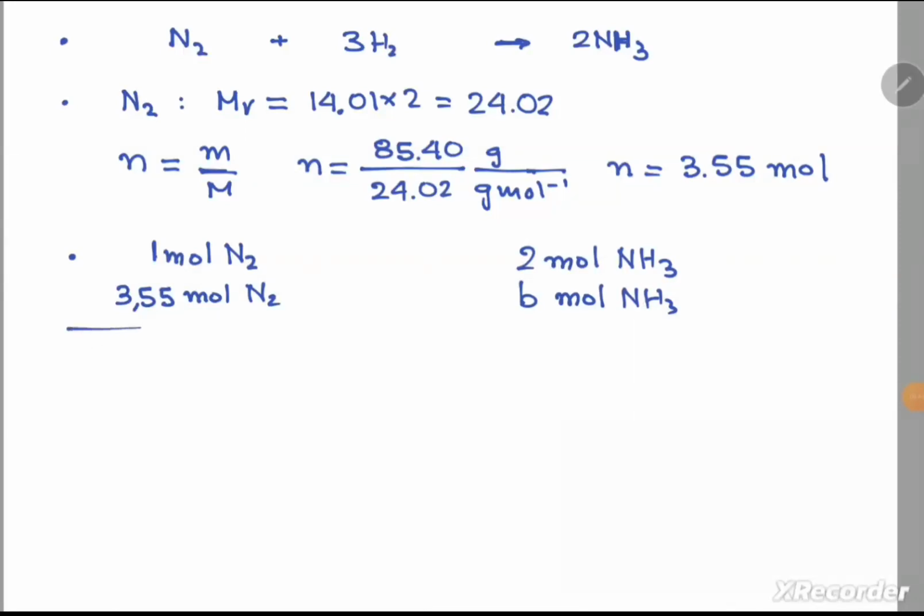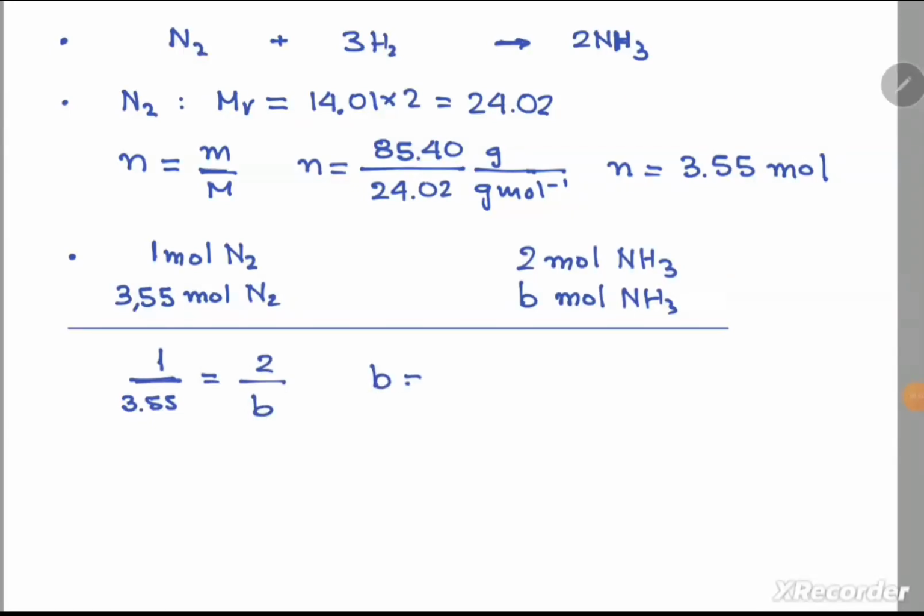So we have the ratio which we'll solve, and we find that produced 6.1 mole ammonia.